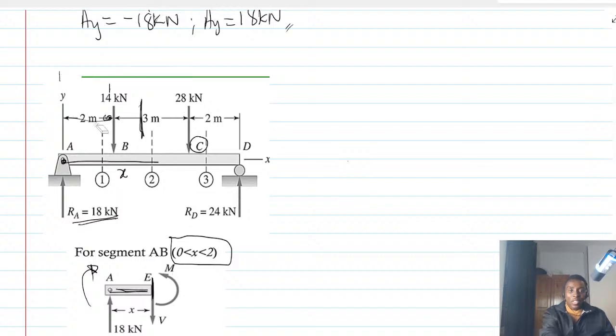So 5 is like 2 plus 3, which is up to here. And then 2 is from here to here. So if I take a section here, it will always be between 2 and then 5. And that's what we are saying.